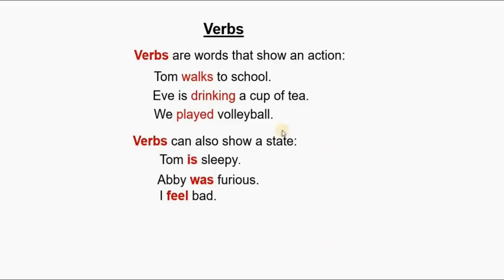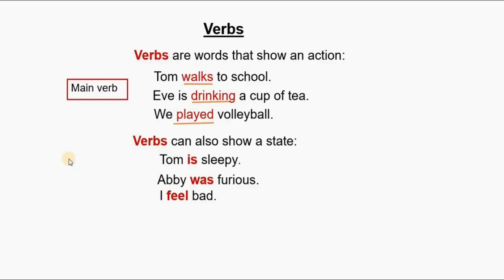Now, you can see that all of these 3 verbs that I've underlined, we consider them to be main verbs because they are the verbs that are describing the action. Walks, drinking, played. Alright? So, main verbs.